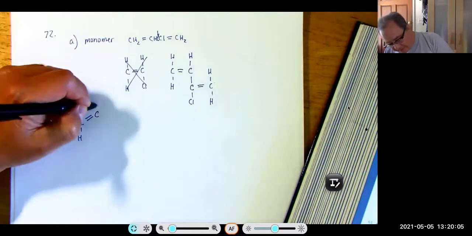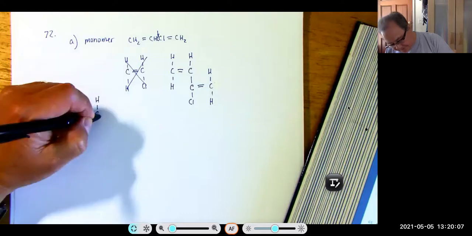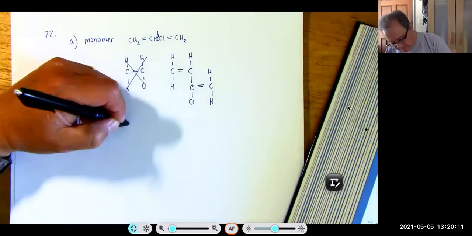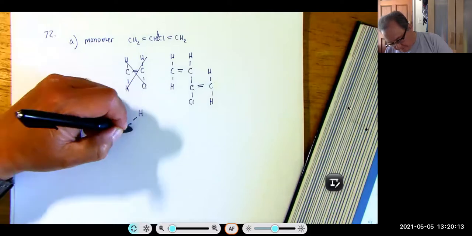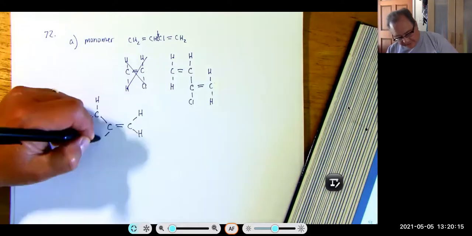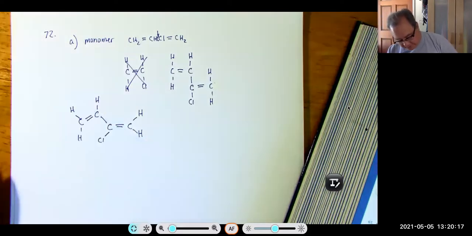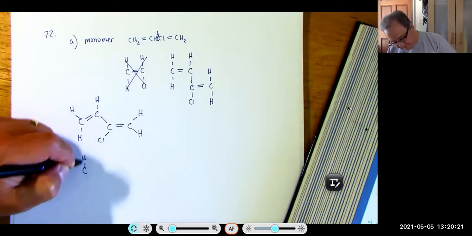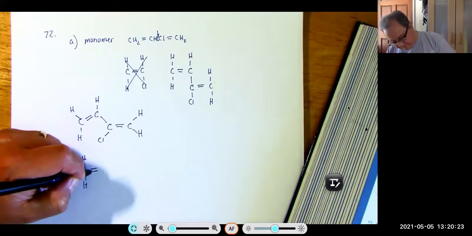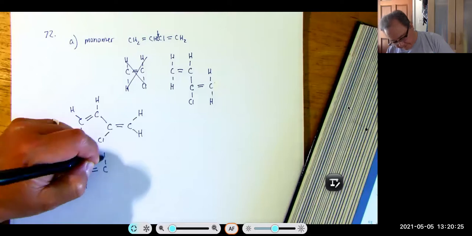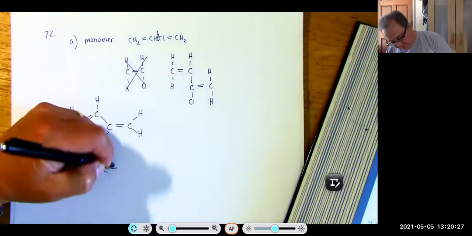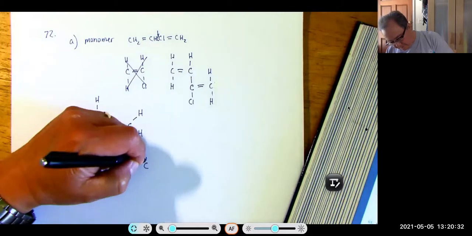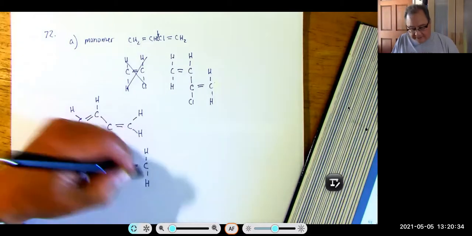I kind of think about the 3-dimensional structure. So this is a pretty good 3D image of what it looks like. But you can do this. They're all the same thing.